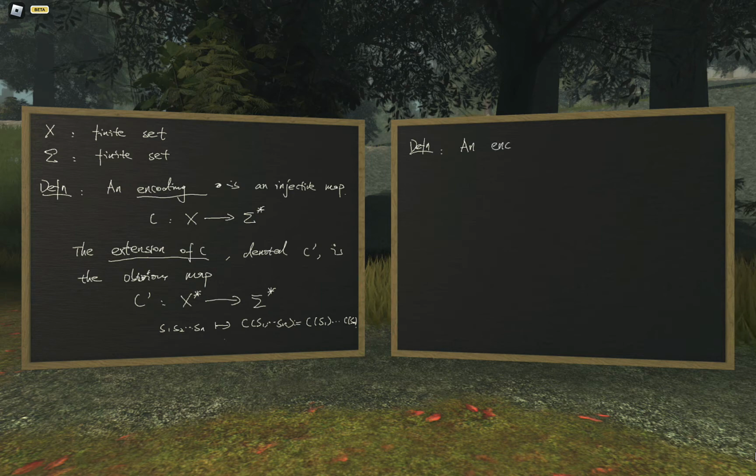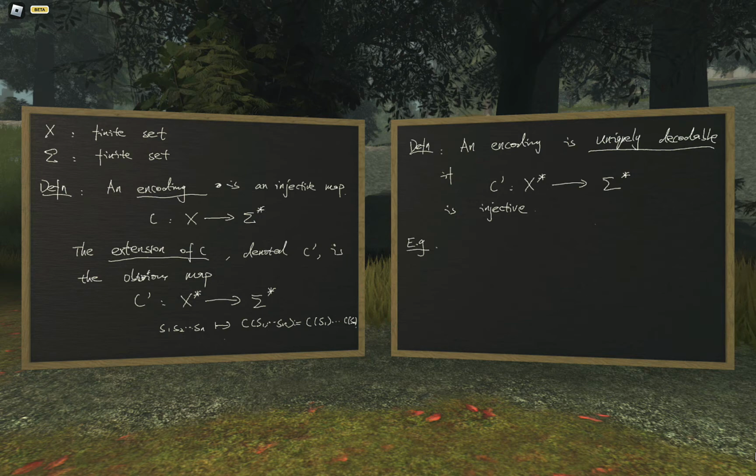An encoding is called uniquely decodable if its extension is injective. So this means that if you have a code word, which is an element in the image of C prime, then you can determine its pre-image uniquely.